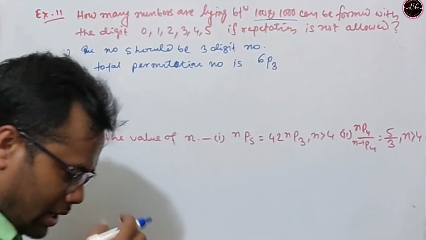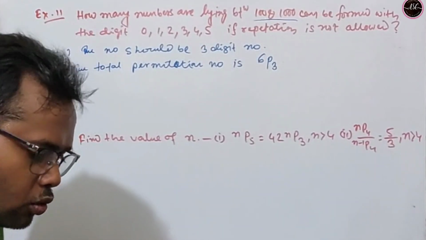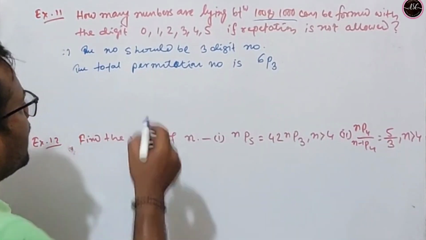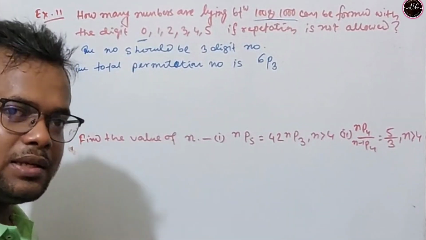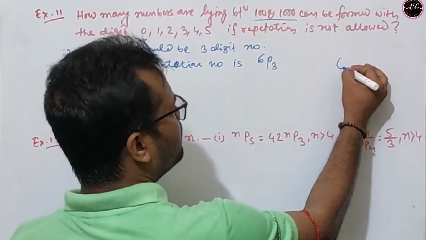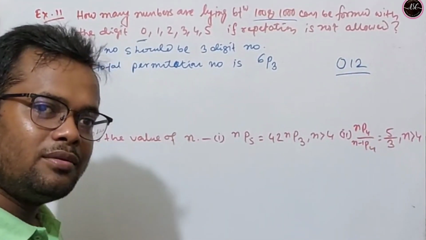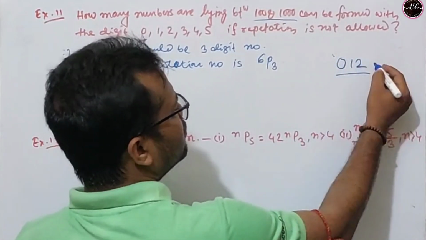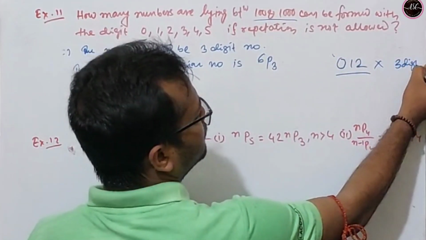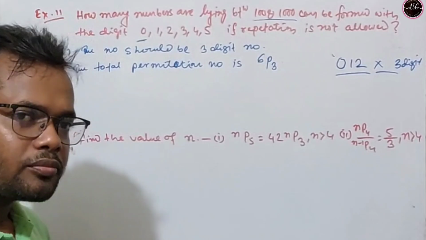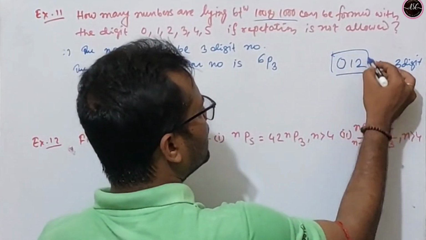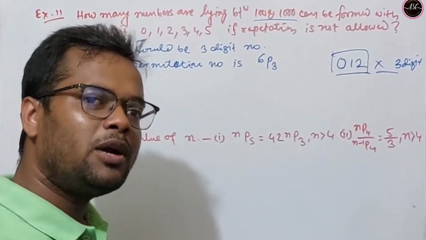Now there is a thing: here 0 exists. If a number like 0, 1, 2 occurs, then this is not a 3-digit number. So we are going to find how many numbers of this type will occur.